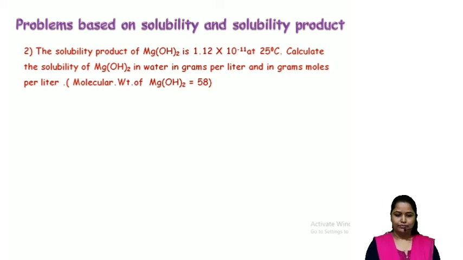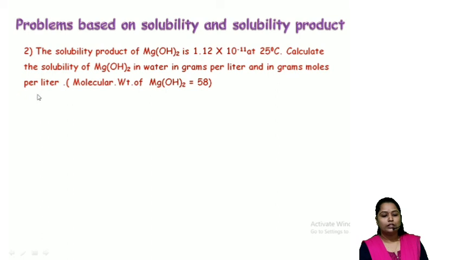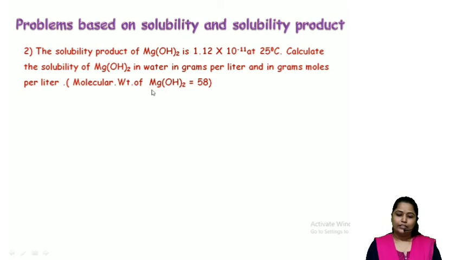Again we see the given terms in the problem. Solubility product is given, and it is 1.12 into 10 raised to minus 11, and we have to calculate the solubility of magnesium hydroxide in terms of grams per liter and in terms of gram moles per liter.